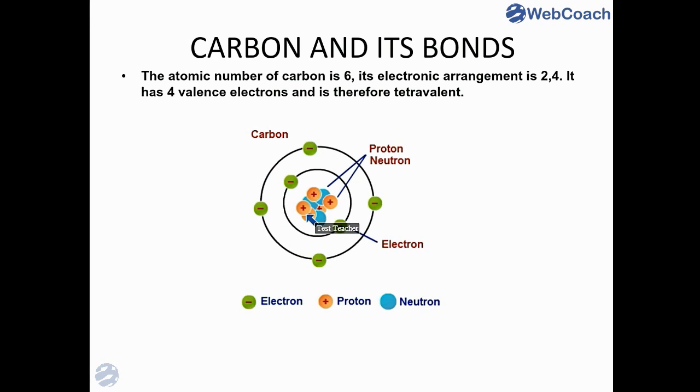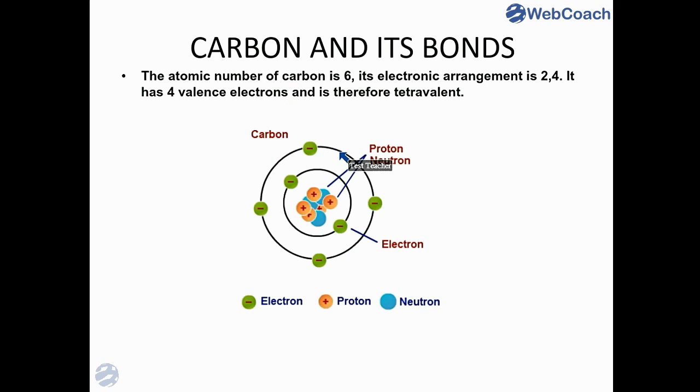Usually the first shell always has 2 electrons, and the second shell can hold up to 8 electrons. Now, the atomic number is 6, therefore the first shell will hold 2 electrons. 6 minus 2 is 4, so the second shell will hold only 4 electrons.